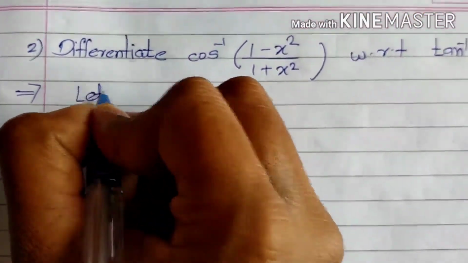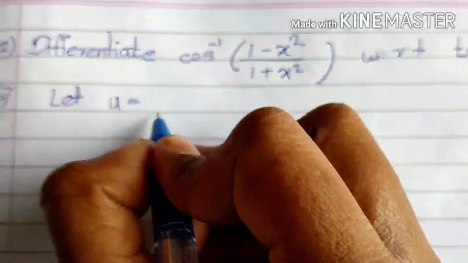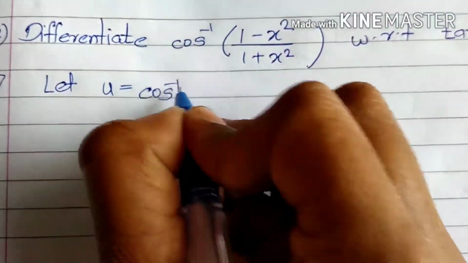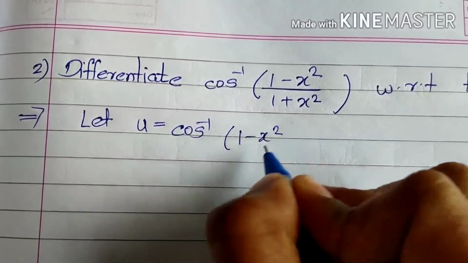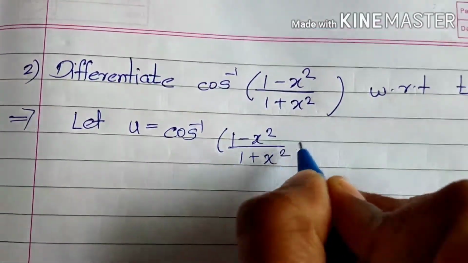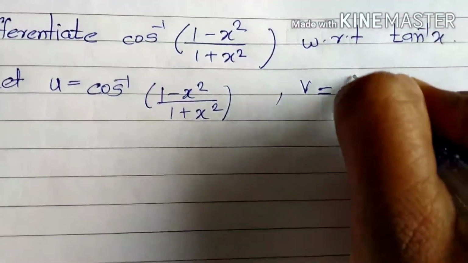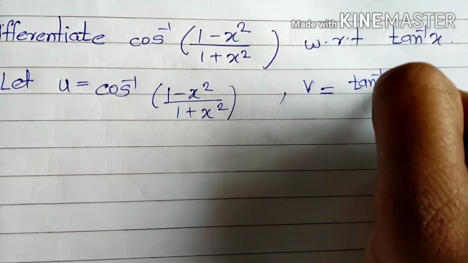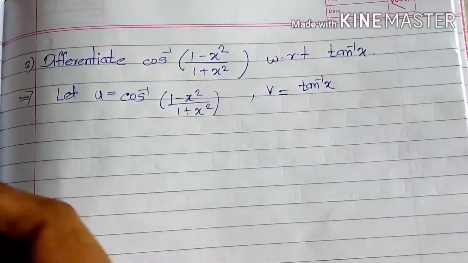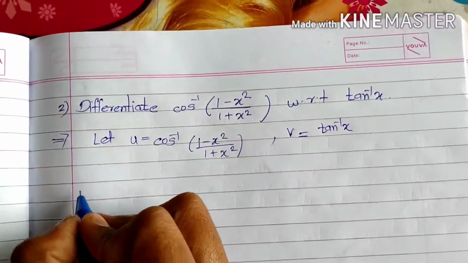Let u is equal to cos inverse of (1 minus x square upon 1 plus x square), and v is equal to tan inverse x. Then we have to find du upon dv.